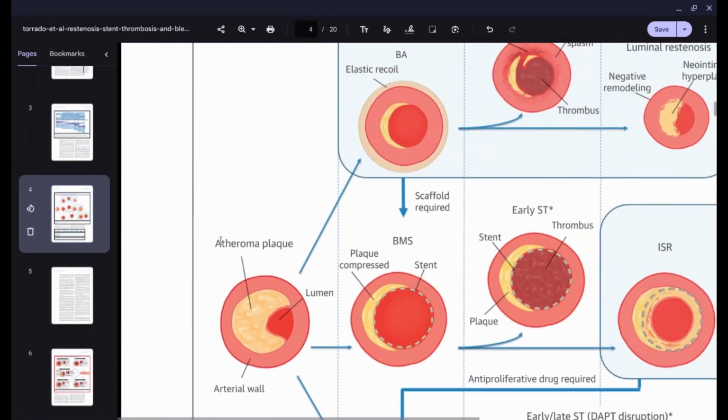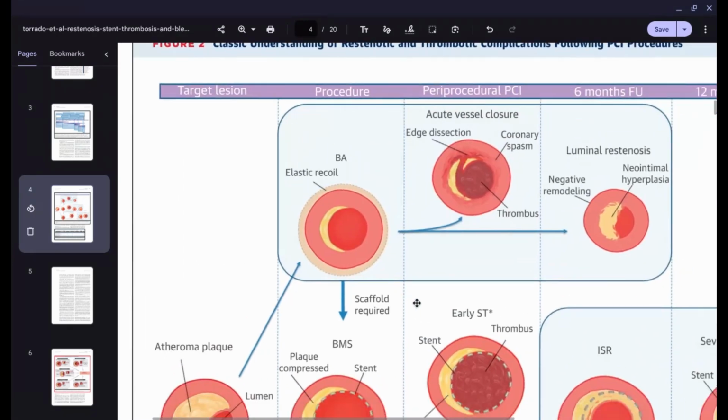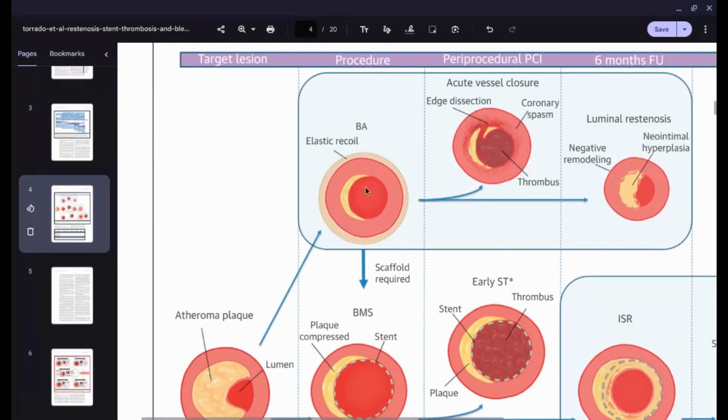And the lumen is now too narrow for blood to flow. What they used to do initially is put in a balloon for angioplasty, blow it up so that the lumen gets bigger. Lumen is where blood can flow. Lumen gets bigger.